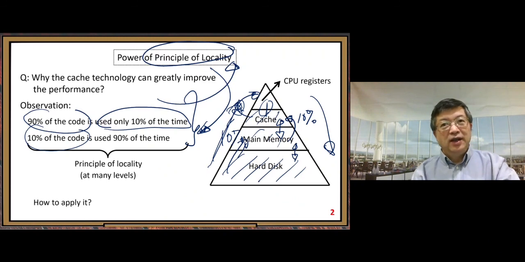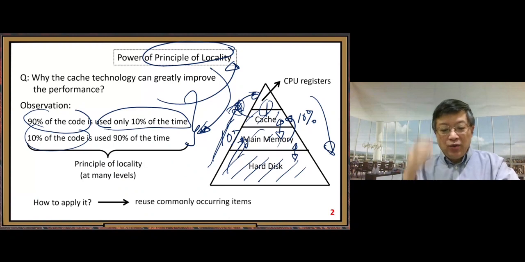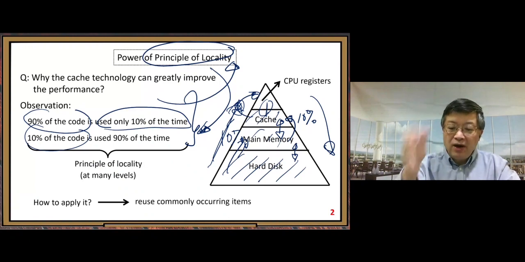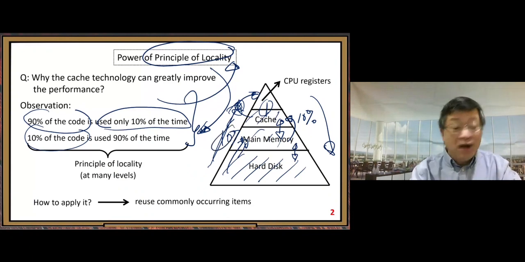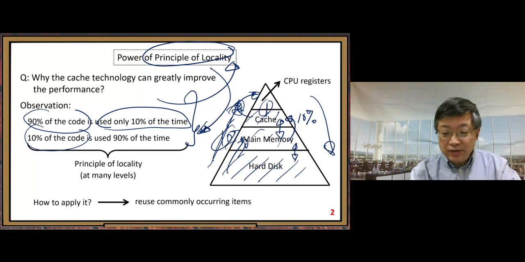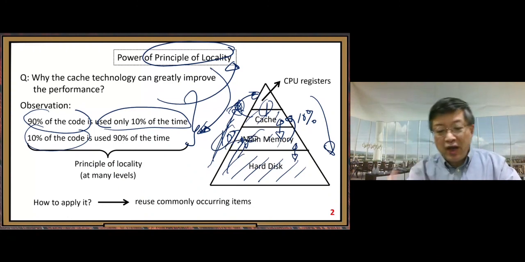All right. So how to apply this principle of locality? We summarize it: reuse commonly occurring items. That's simple. The 10% commonly occurring items, we try to reuse as much as we can.